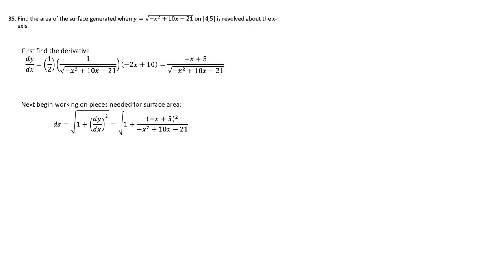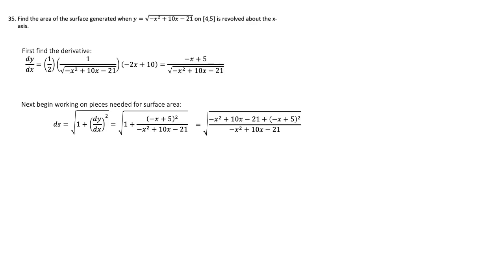Now let's work on the pieces needed for the surface area, in particular ds. That's the square root of 1 plus the square of the derivative. This gives us the square root of 1 plus negative x plus 5 squared divided by negative x squared plus 10x minus 21. Don't bother doing anything with the denominator, but what we do want is to get a common denominator.